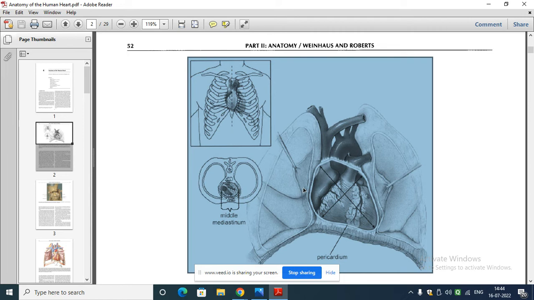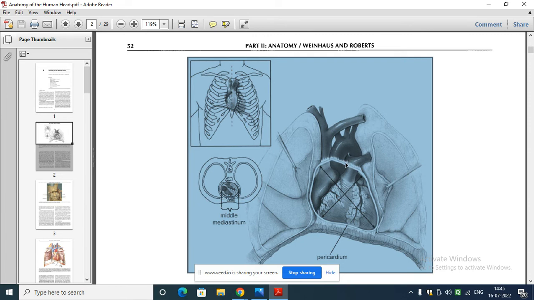Now we will learn about the borders of the heart. So you can see the borders of the heart. This is the border of the heart, and the pericardium is also the border of the heart. The upper border is slightly oblique and is formed by the two atria, chiefly the left atrium.